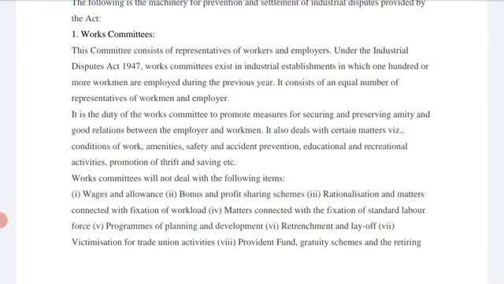Some representatives of the employees are appointed as well as some representatives of employers. For example, if it is a committee of 10 people, then 5 are representatives of employers and 5 are representatives of employees.